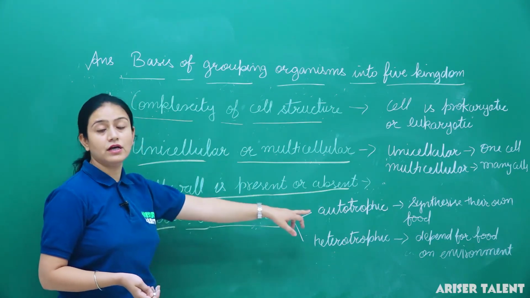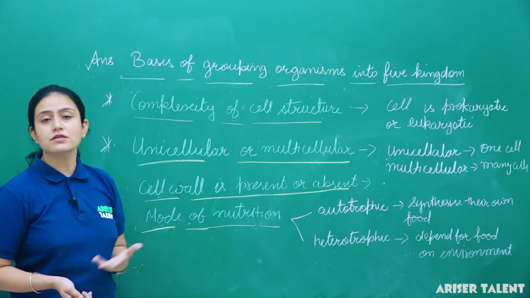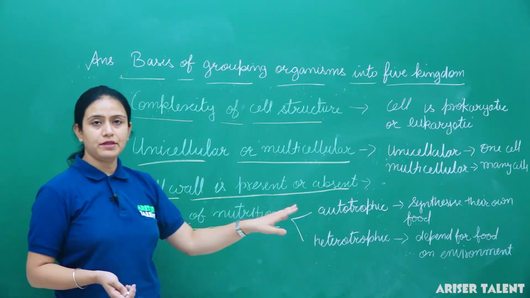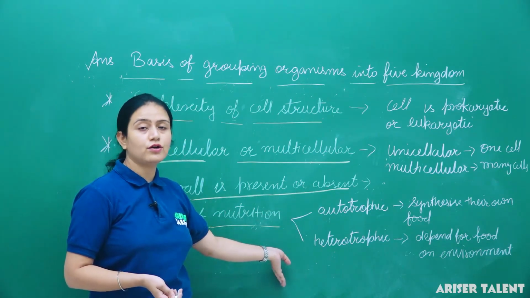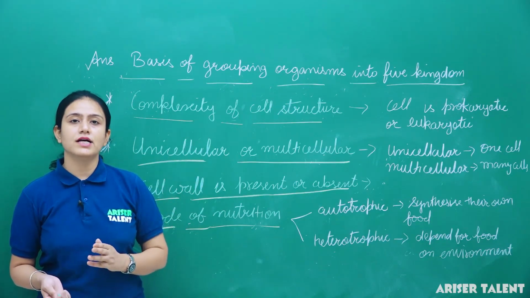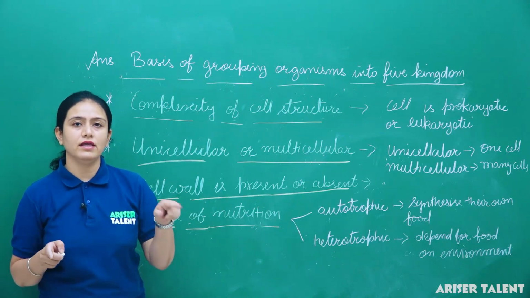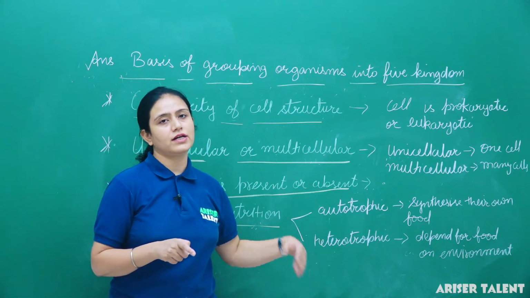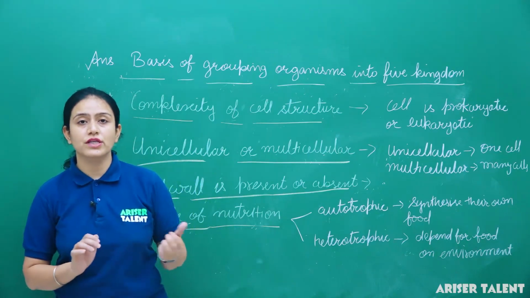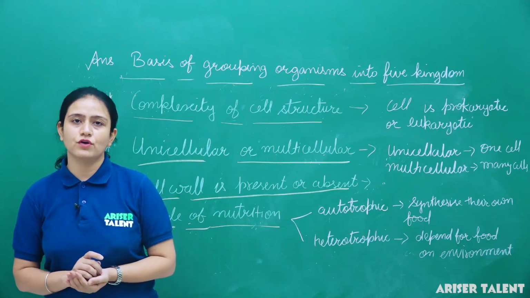Mode of nutrition: if they are autotrophic, meaning they can synthesize their own food by photosynthesis, they were kept in one group. If they are heterotrophic, meaning they do not have chlorophyll, cannot perform photosynthesis, and depend on the environment for food, they were classified into different groups. So these were the basic characteristics on which the 5 kingdom classification was done.